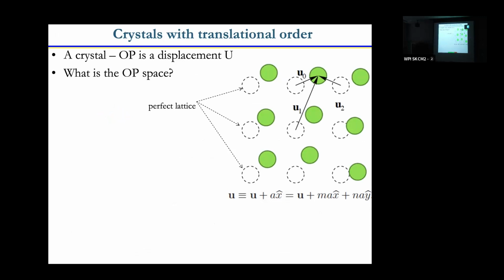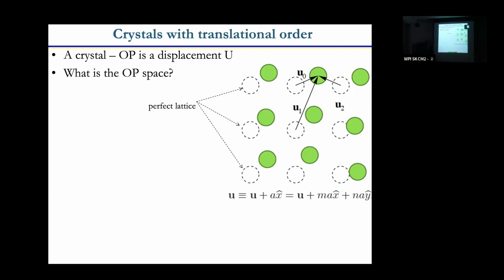But we can also have ordered media such as crystals. And in here, we know very well that we have some repeat units, unit cells that you can translate in space, and you can recreate the whole material from just translating the unit cell and repeating it, copy-pasting it more or less many times.